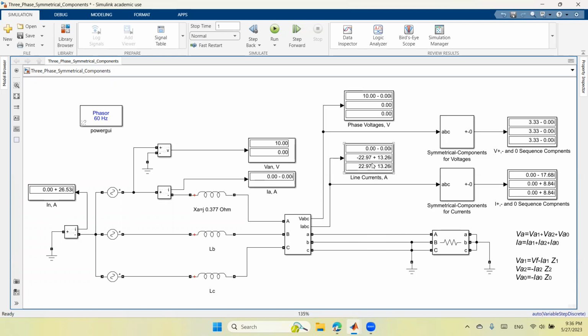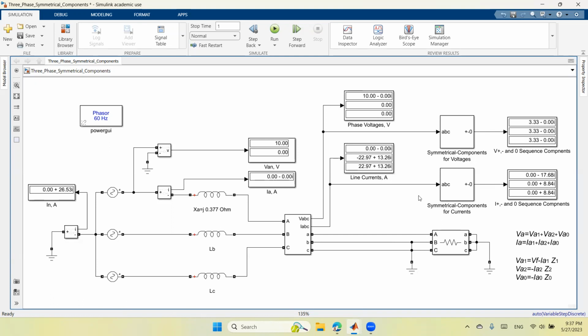If I add these numbers, the real part will sum to 0, and the imaginary part will sum to a positive j26.53, and here it is j26.53. Okay, so it's the same number. So I see that the fault current is the sum of both IB and IC.